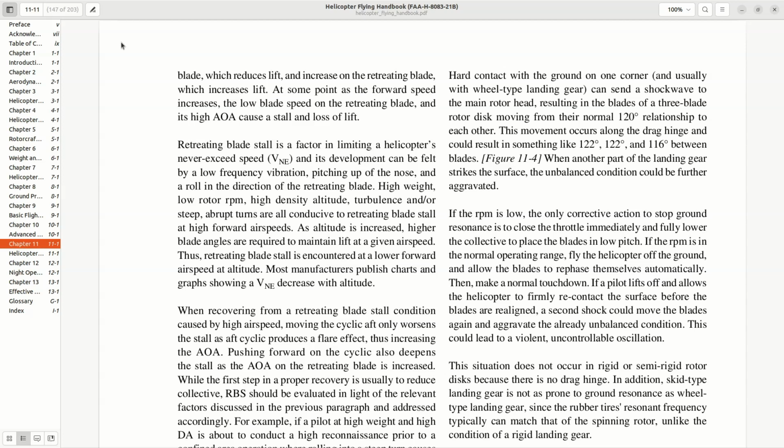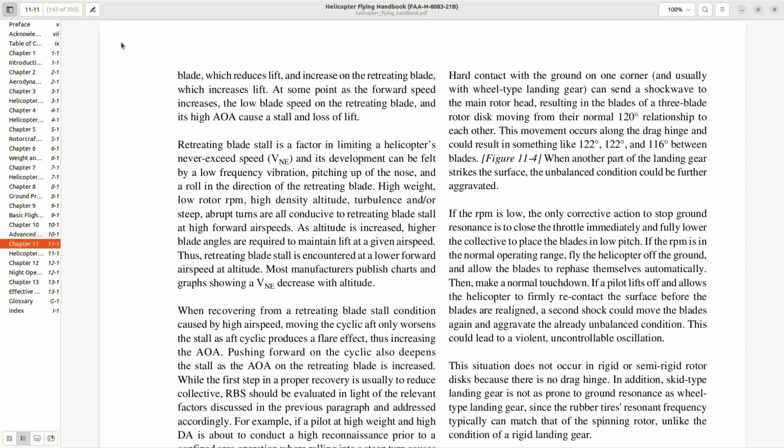So the rear of the rotor disc wants to drop. That causes the nose to pitch up. So that's the initial tendency. Well, then you have a loss of lift on the left side, and that loss of lift causes it to roll in the direction of the retreating blade. And there you have it.